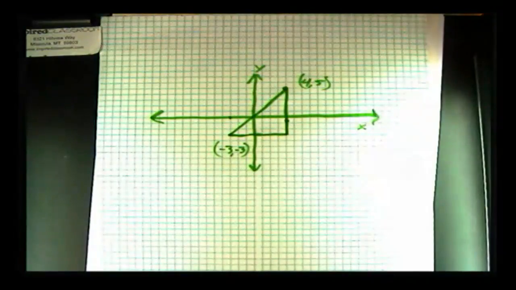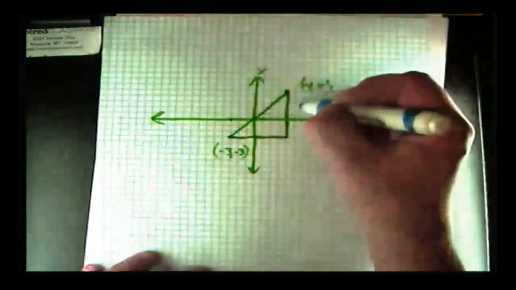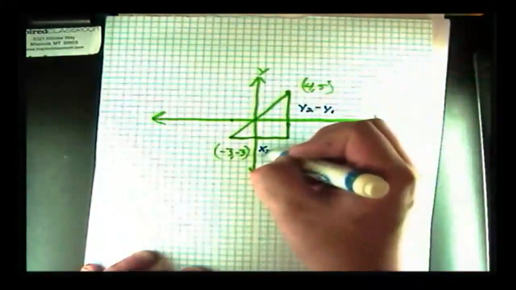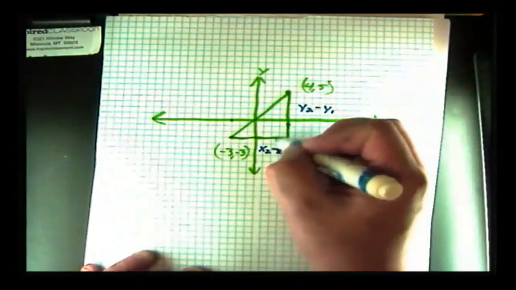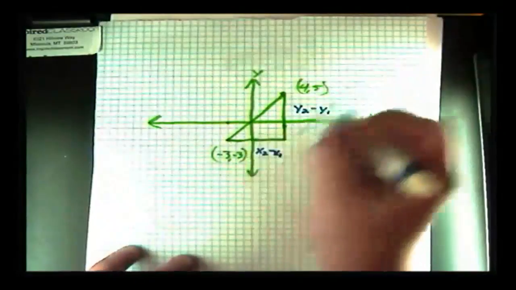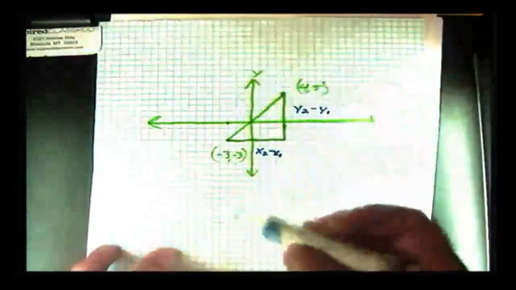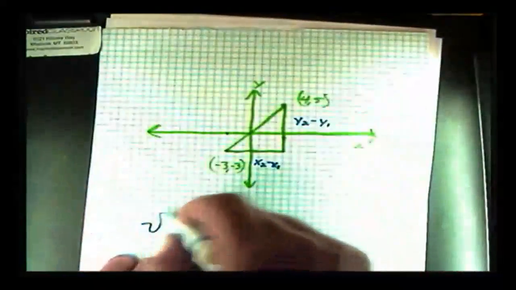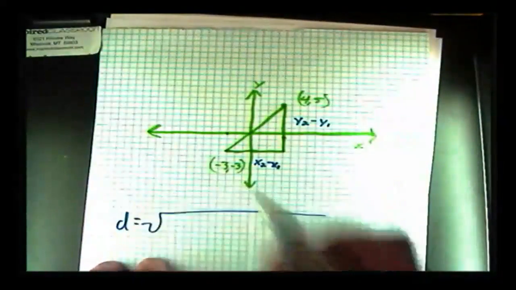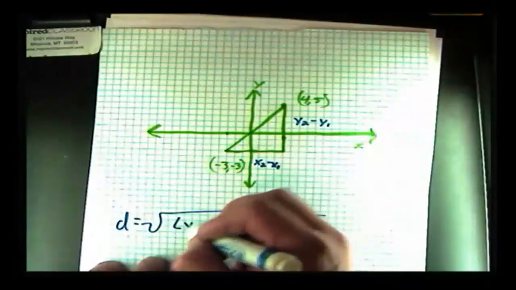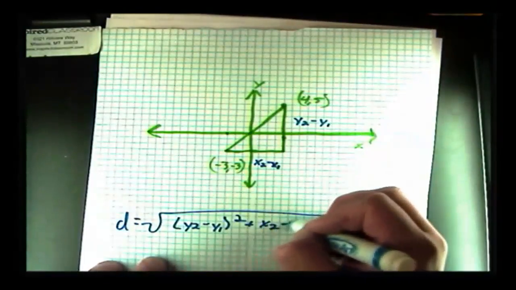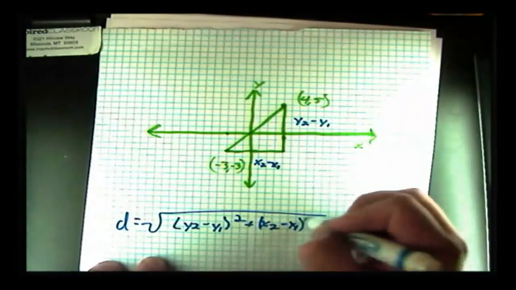Draw my triangle. And this is going to be y2 minus y1, and this is going to be x2 minus x1, because this is my x's and these are my y's. Our formula was d is equal to the square root of y2 minus y1 squared plus x2 minus x1 squared.